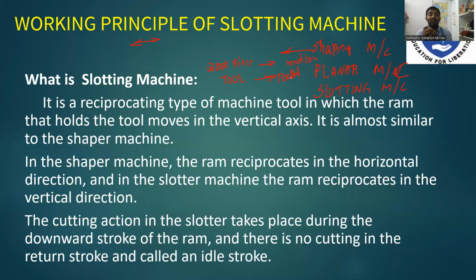But the only difference is that in the shaping machine, the tool moves in the horizontal direction, whereas in the slotting machine, it moves in the vertical direction. It is the main difference.